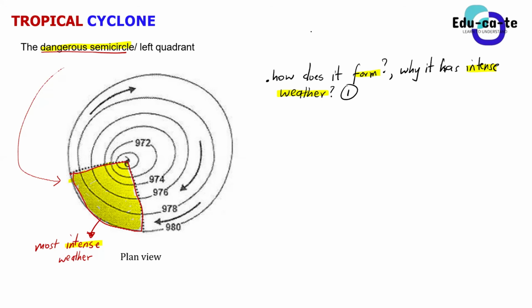I found that the left quadrant forms because of the motion of the storm, which adds to the rotational wind speed on the side, making winds and storm stronger and more destructive in that region, sir. Okay, all right. Yeah, that's correct indeed.